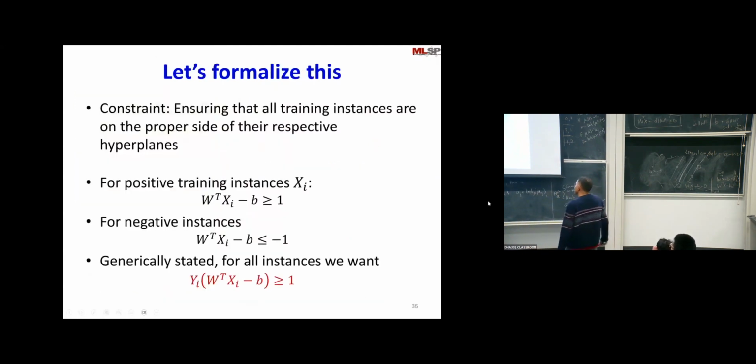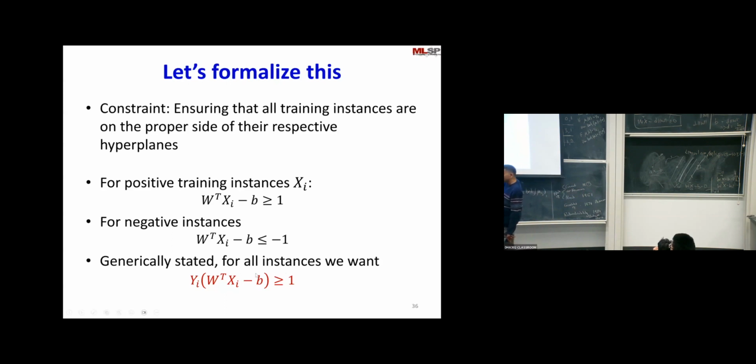And so you're literally saying for positive training data instances, W transpose X minus B minus 1 should be greater than or equal to 0. For the negative data instances, W transpose X minus B plus 1 should be less than or equal to 0. So these are separately stated for the positive and negative classes.